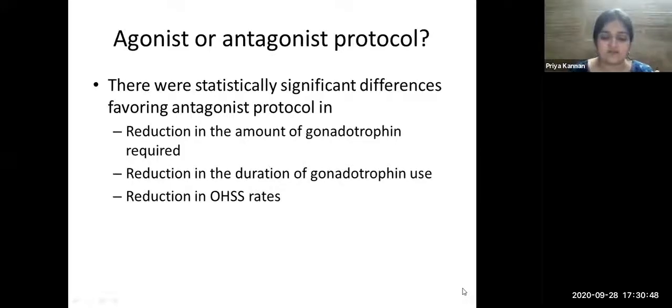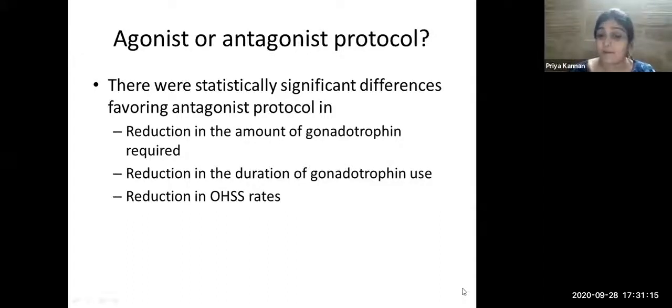First, to decide on the type of downregulation we have, the statistics favor the antagonist protocol in a few areas. Number one, when we use an antagonist protocol for downregulation, the amount of gonadotrophin used is quite less. We have a decreased quantity of gonadotrophins as compared to an agonist protocol.